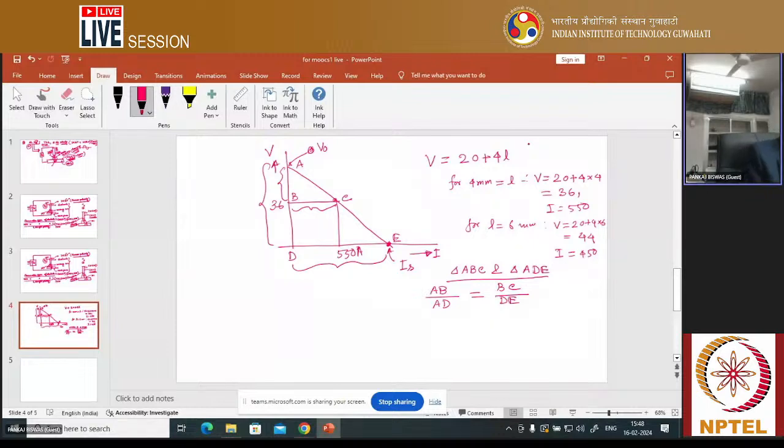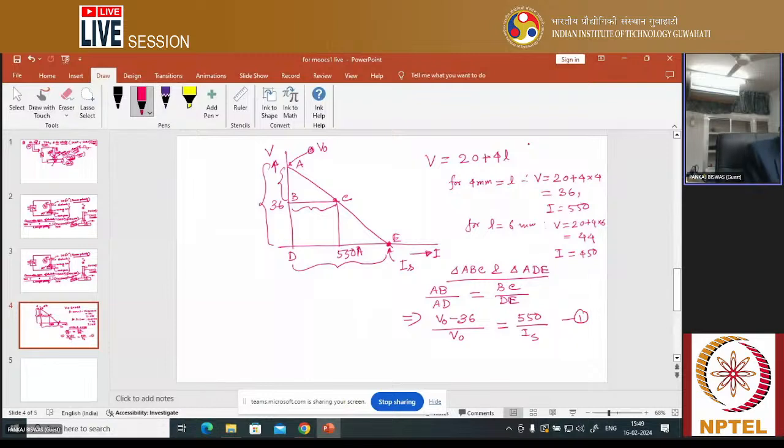AB you can write as the open circuit voltage V0 minus 36, divided by AD, which is actually V0. This is equal to BC, which is 550, divided by DE, which is IS. This is the equation in terms of V0 and IS. This is equation number 1.